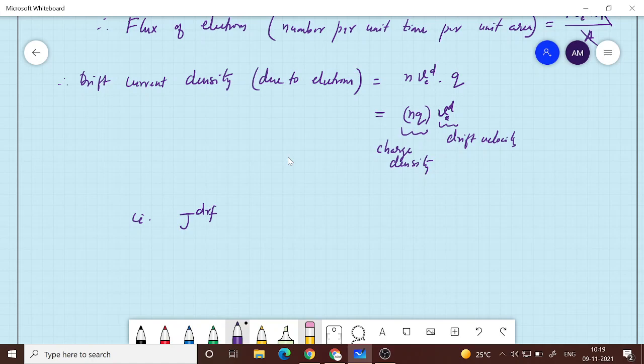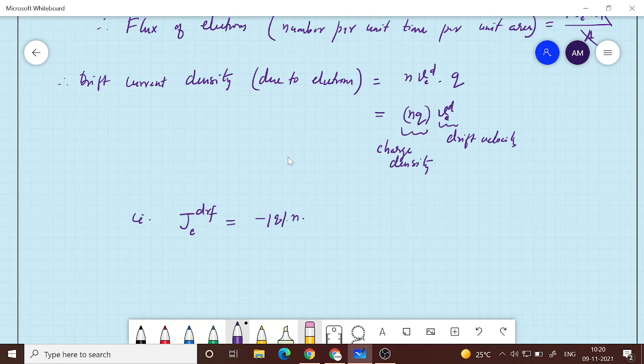Therefore that is J drift, that is drift current due to electrons, is equal to, if I bring in q in terms of modulus, then I will have minus modulus q into n, that is the concentration of electrons, which we derived in earlier classes.